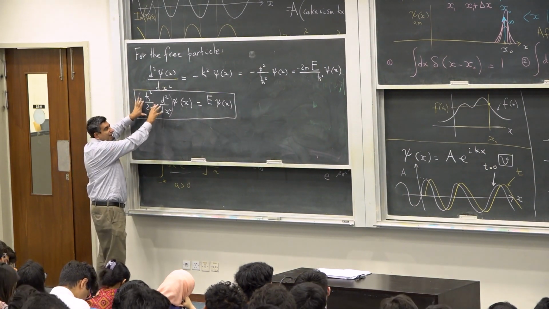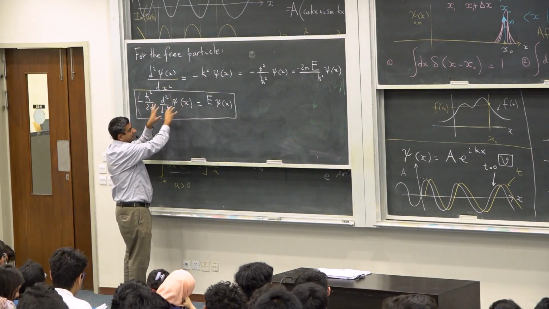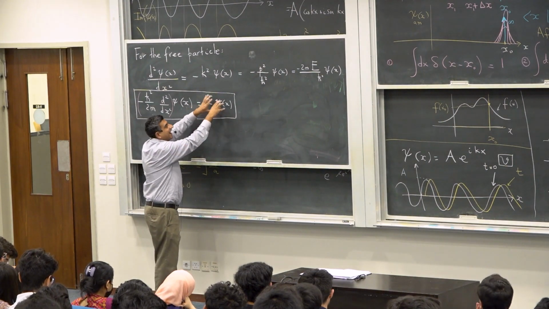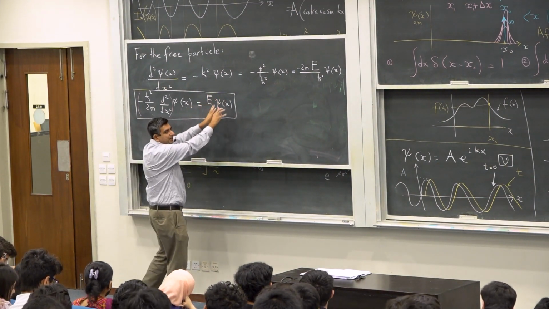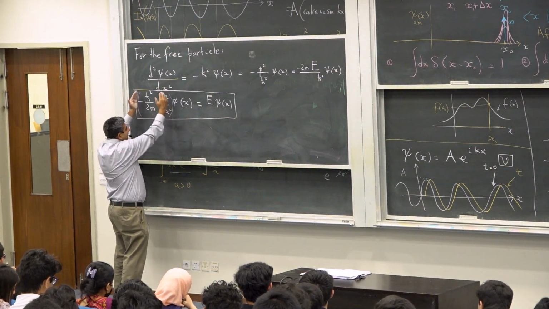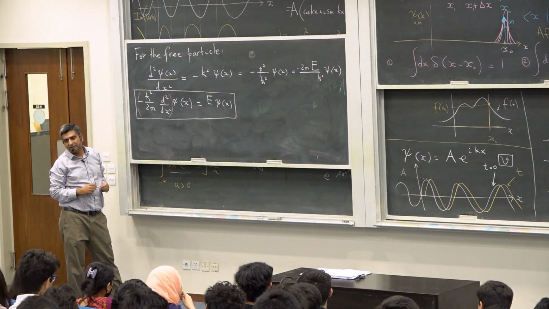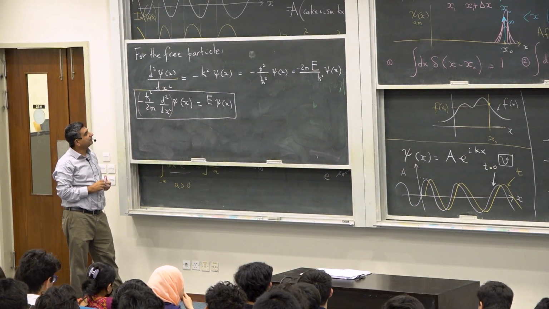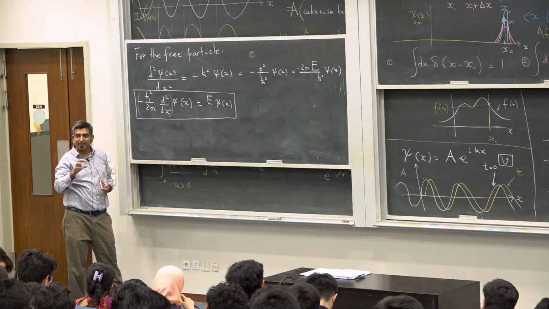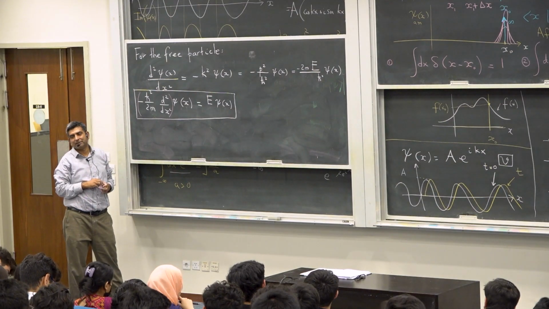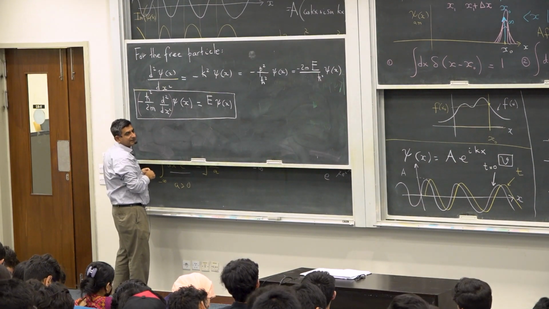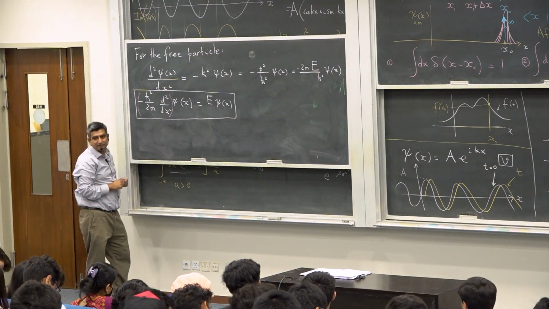This is something acting on the wave function, giving me energy times the wave function. What I've written in brackets is the kinetic energy. So when you do quantum physics, the kinetic energy becomes an operator. This is the operator for the kinetic energy.